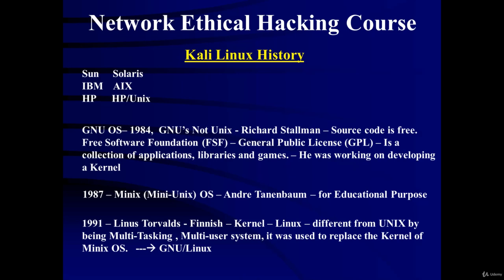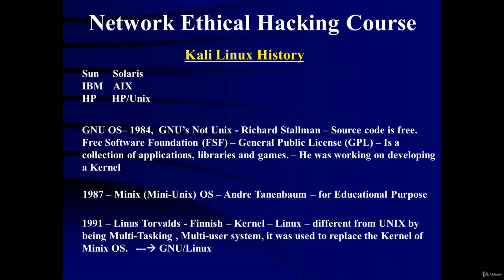In 1991, a Finnish student, whose name is Linus Torvalds, started developing a kernel. He called that kernel Linux. It was different from Unix by being multitasking and multi-user, whereas Unix was multi-user but a single-task system.